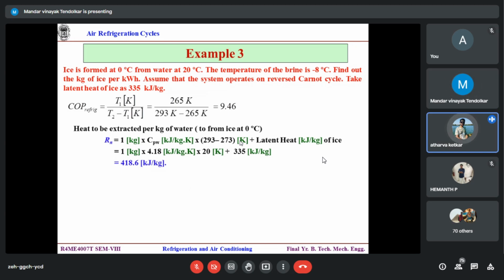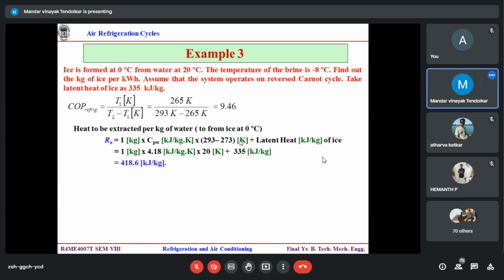Sir, we are also going from 0 to minus 8, right? Not minus 8. Minus 8 is the brine solution. It is the sink. It is taking that heat interaction, not directly minus 8. Your system is maintaining the 0 degree ice.